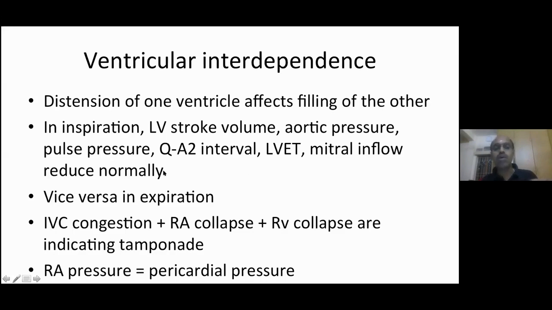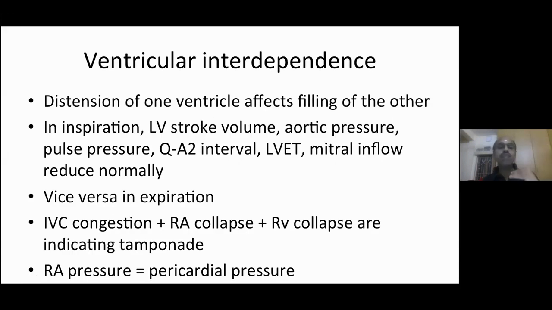All are low, but to such a minimal degree that they are not perceived by our routine Dopplers and routine clinical examinations. The same thing vice versa in expiration: all these parameters increase on expiration. We don't appreciate it because the amount of variation is very small.